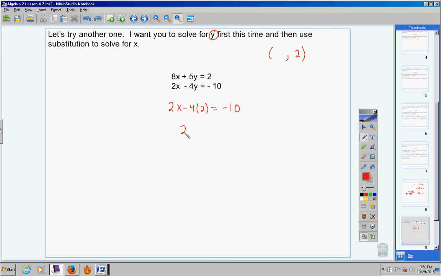Negative 4 times 2, that's a negative 8, equals a negative 10. Bring the negative 8 over and make it a positive 8. And so we have 2x equals negative 2. Divide both sides by 2, and x equals negative 1. A negative divided by a positive is negative, 2 divided by 2 is 1. So there is your answer. Negative 1, 2.